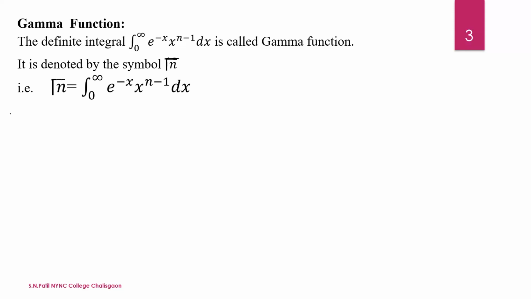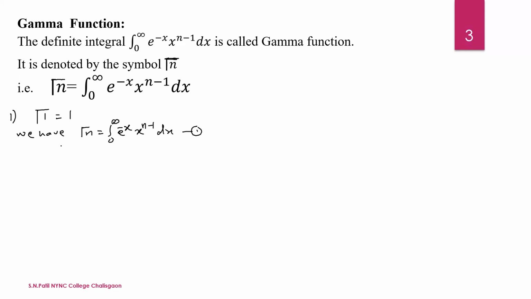The first property is that gamma of 1 is equal to 1. Let us prove how we get gamma 1 equal to 1. Now we have the gamma function result: gamma n is equal to the integration from 0 to infinity of e to the power minus x, x to the power n minus 1, with respect to x.